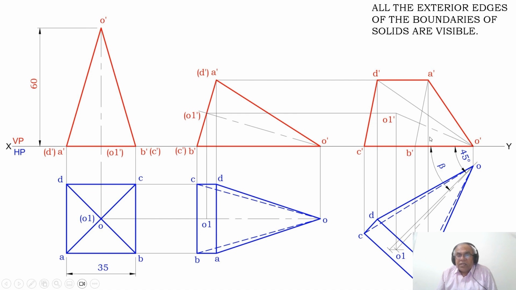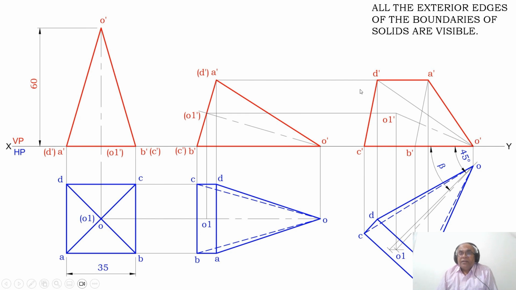Once you do that, now I need to join all these edges including the slant edges by thin lines. So join A dash to B dash, B dash to C dash, C dash to D dash, D dash to A dash with thin lines. Then join A dash to O dash to D dash, O dash to C dash, and B dash is already joined, and join between big dash and small dash with O dash and O1 dash. So this is going to be the axis line.